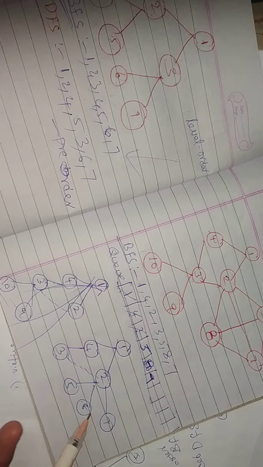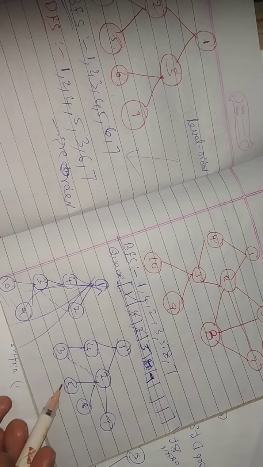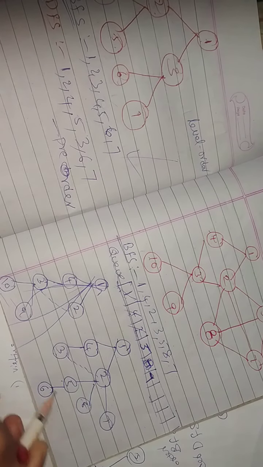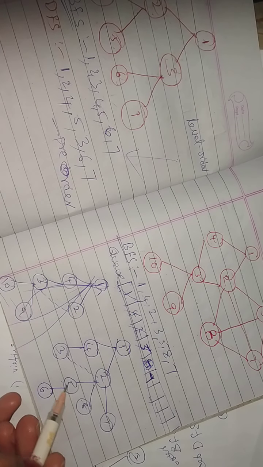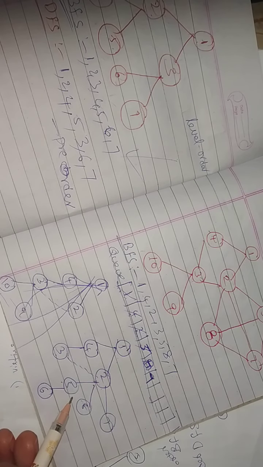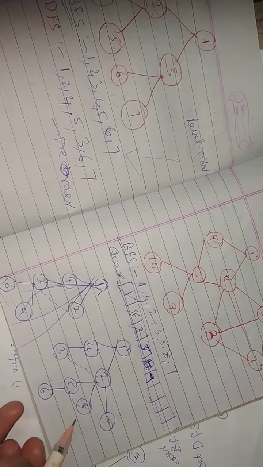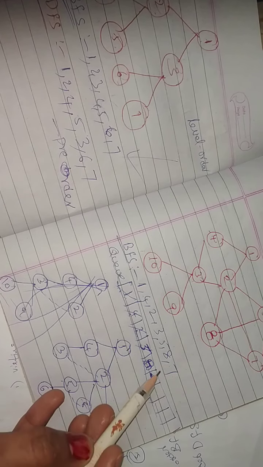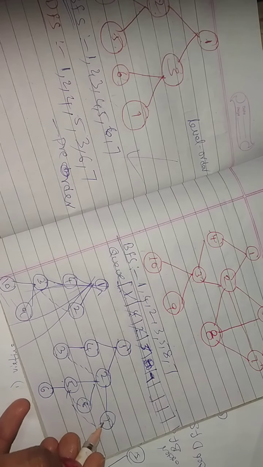Now, 2 is completed, right? Next you take 5. If 5 explores, 6 is there. Okay. 5 explores, 6 is there. 5's connections are 2, so already 2 is connected. Next, 5 to 8 also is there, so a dotted line because already visited. Next, 5 to 8, 5 to 7 also. So 5 to 7.